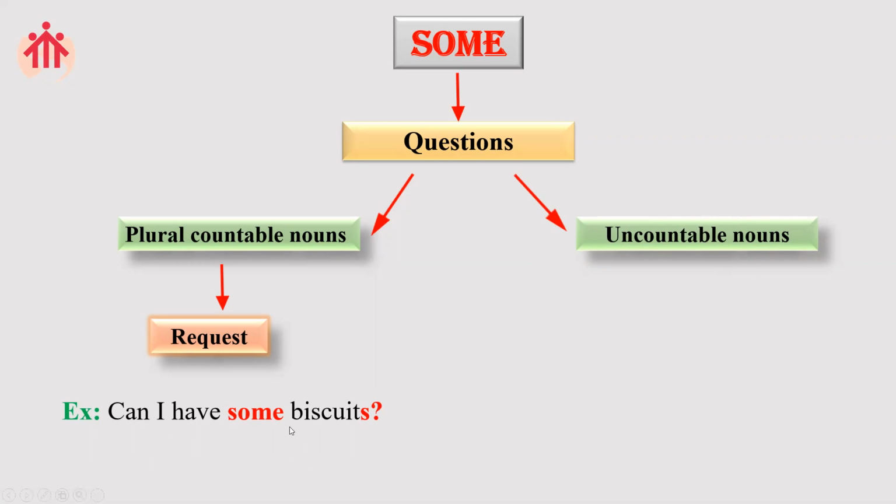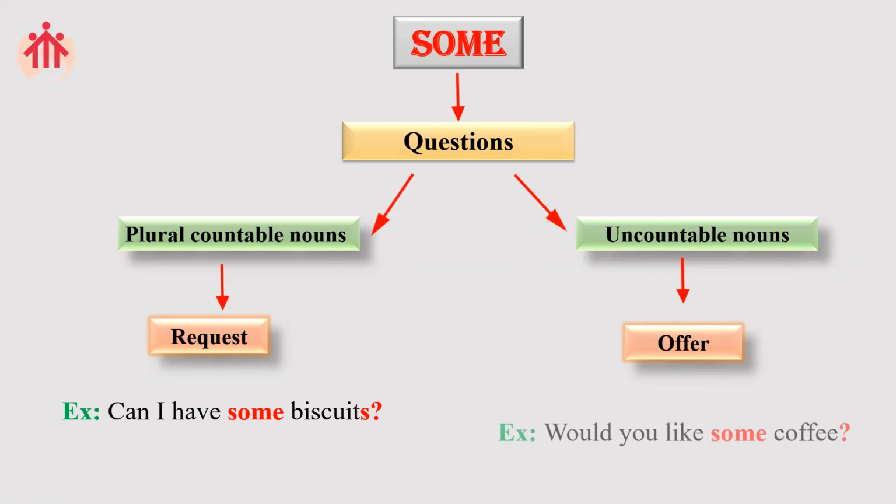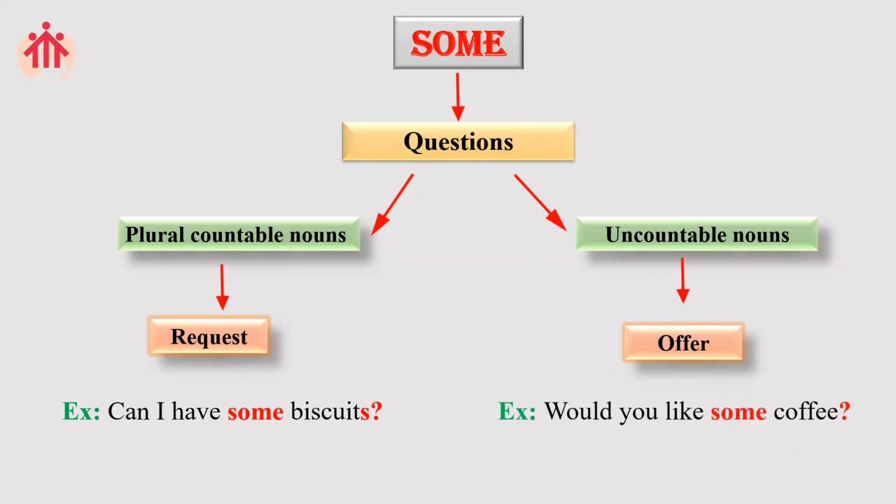You see here, biscuits is a plural countable noun, and it is a request. It comes before uncountable nouns in offers. Example, would you like some coffee? So here, coffee is an uncountable noun, and it is an offer.